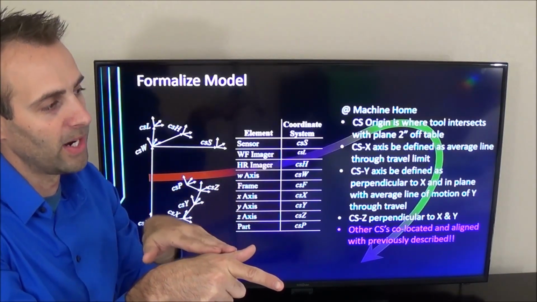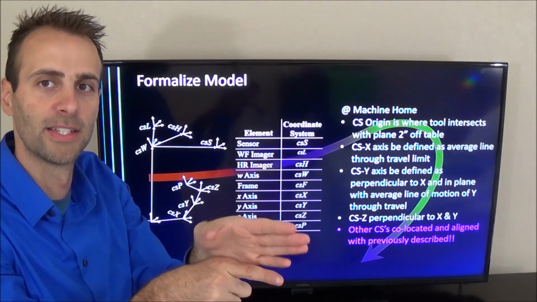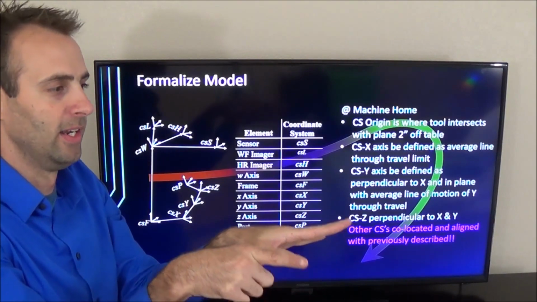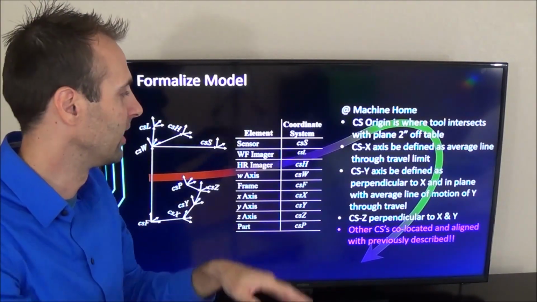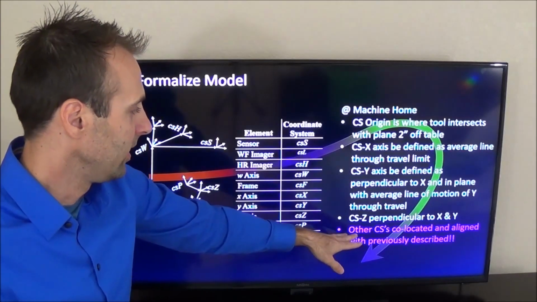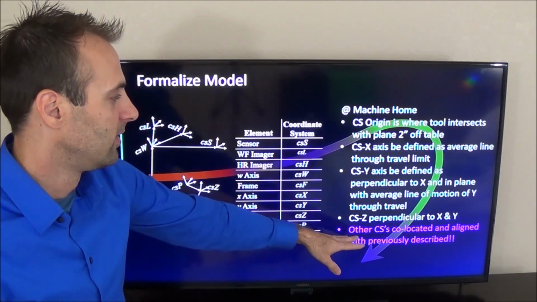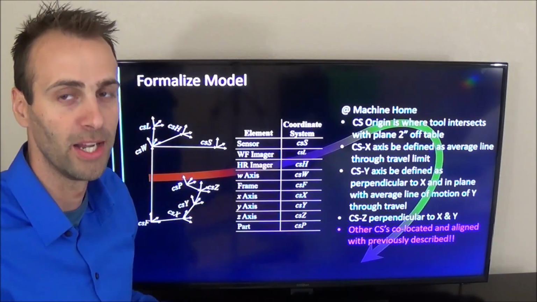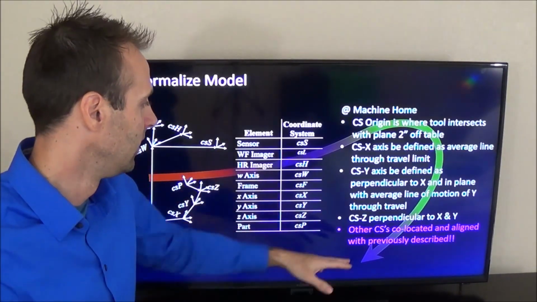So even if the Y-axis isn't perpendicular to the X, what it does give you is a rotation about X. Now I have an XY plane, and then I just say Z is perpendicular to those two. And then all other coordinate systems are co-located and co-aligned to that first one.